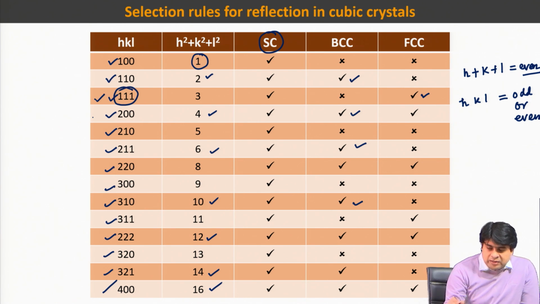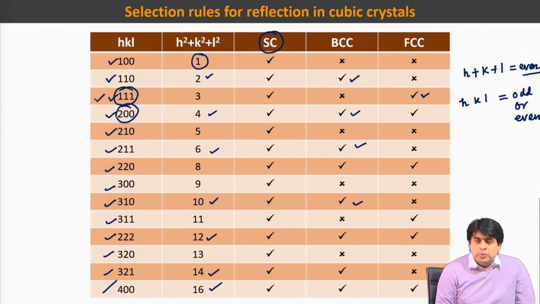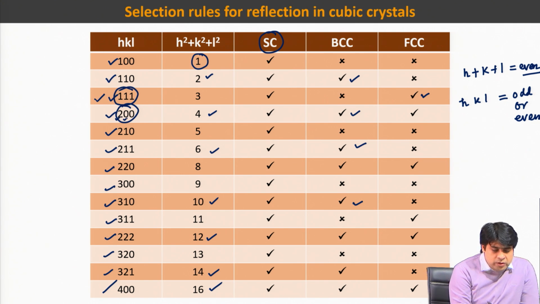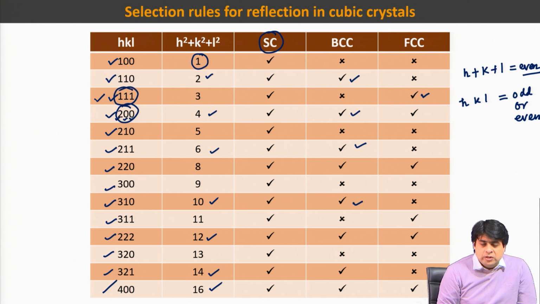The next reflection for FCC will be for the 200 plane, and 0 is considered an even number. So, 2 is even, 0 is even, and again 0 is even, so all HKL are even and you have a reflection.